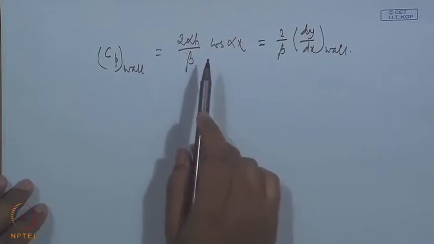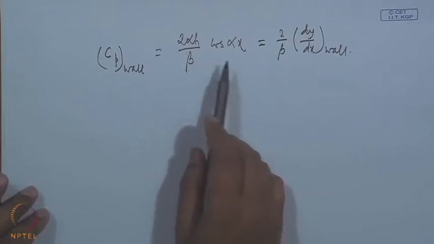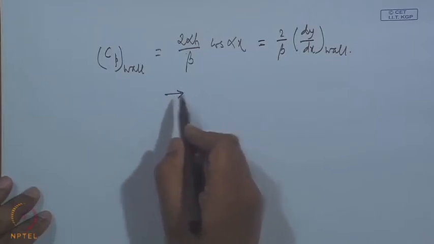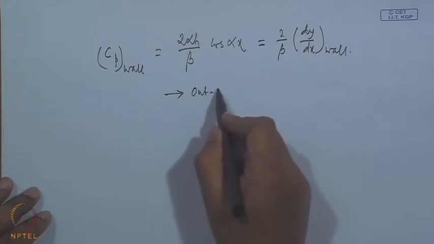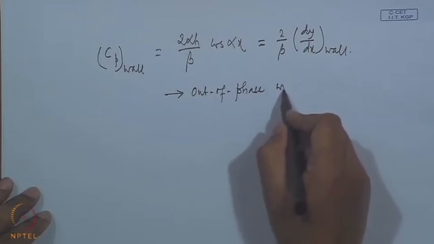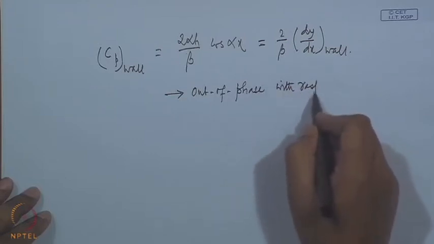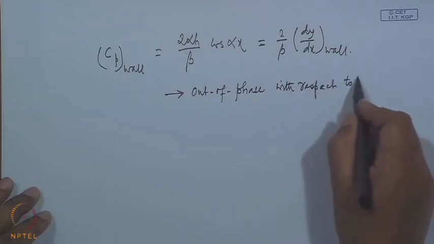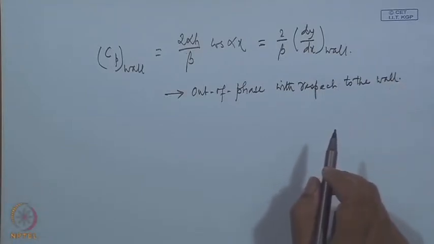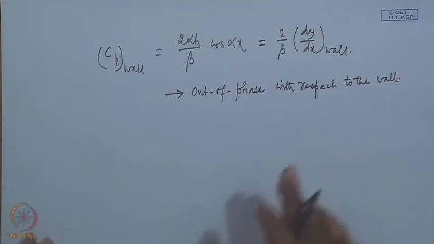One more thing, that this is now out of phase with respect to the wall. Maxima and minima are shifted by a phase of pi by 2 with respect to the maxima and minima of the wall.